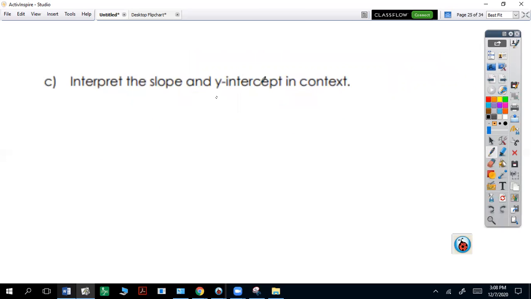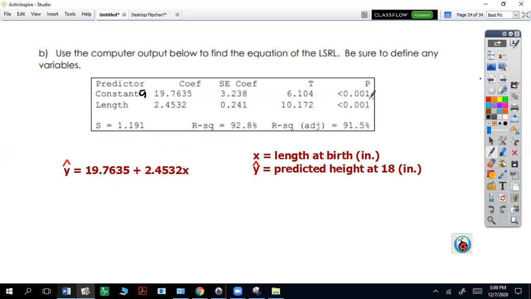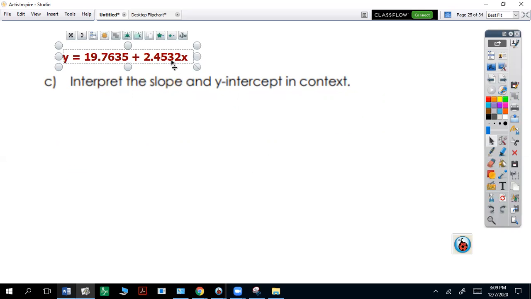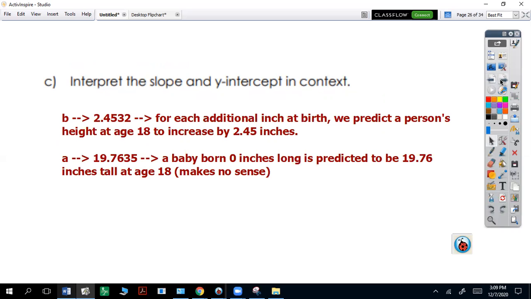Okay, letter C, interpret the slope and y-intercept in context. It'll take a minute to do that. All right. So remember, the y hat is the predicted value here. So the slope B is 2.4532.